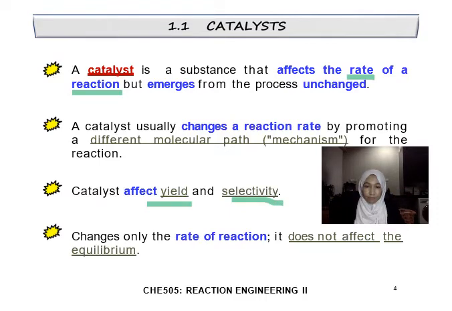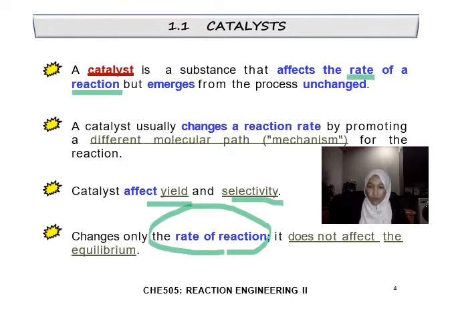But it only affects the rate of reaction; it doesn't really affect the equilibrium of one reaction. So basically, this slide defines what a catalyst is and what its purpose is.